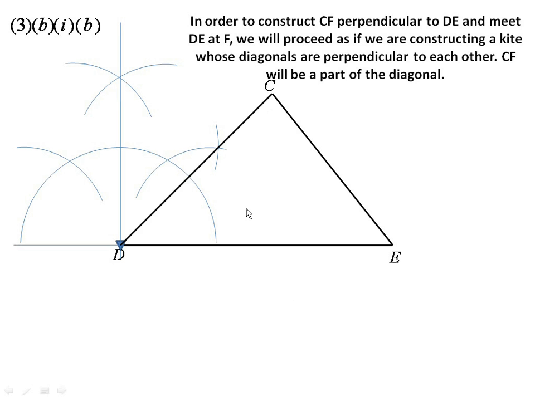In a kite we have two adjacent sides equal in length and the other two adjacent sides equal in length. Because of that construct, the diagonal that goes from C all the way to the other side will turn out to be perpendicular to this one, as we generally have in a kite. So in order to do that construct, what do we do?